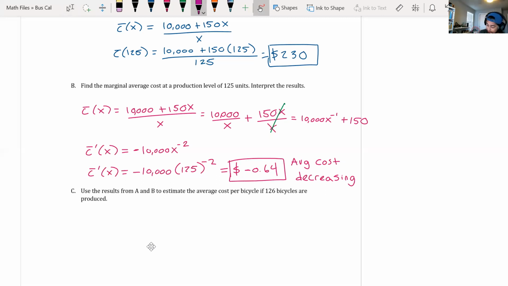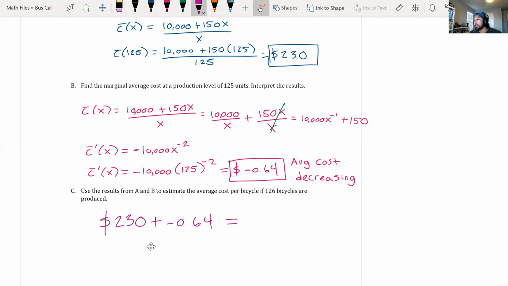So we would say 230, well, not minus, we're going to say plus negative 64 cents.